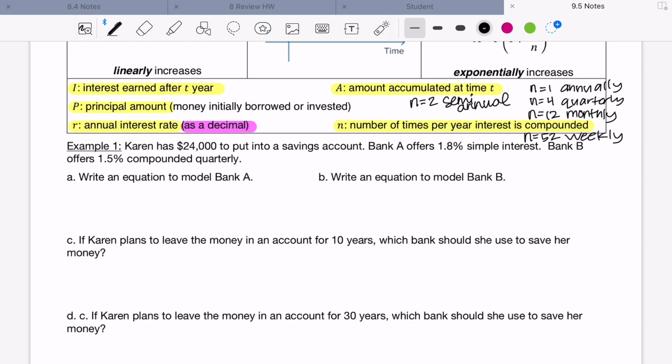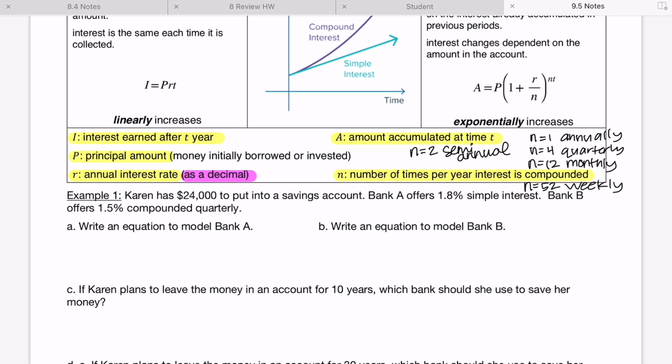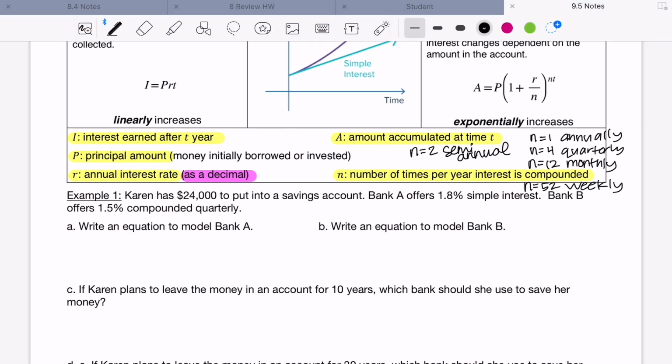So Bank A. So before we do that, I just want to show you guys right here. So we have to write an equation. So the variables in Bank A, which are the simple interest, are I from right here, P, R, T.